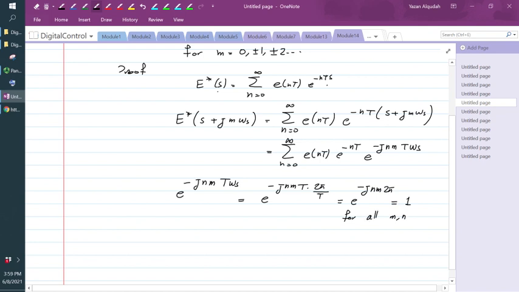And therefore, if this is equal to 1, then we got what we're trying to prove, which is that E star of S plus j m omega s is just going to equal E star of S, which is equal to the summation from n equals 0 to infinity of E of nT e to the negative n multiplied by T multiplied by S. There is an S missing here.